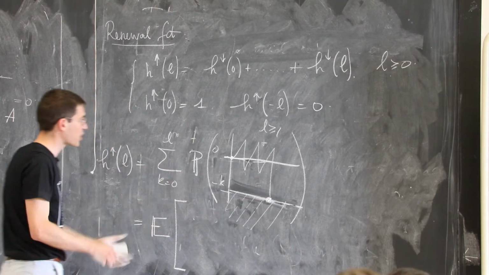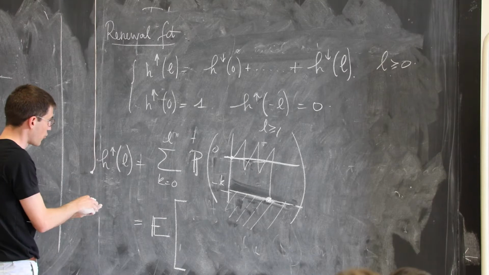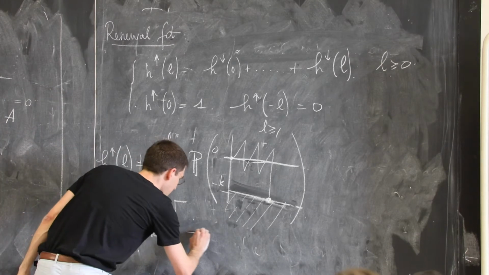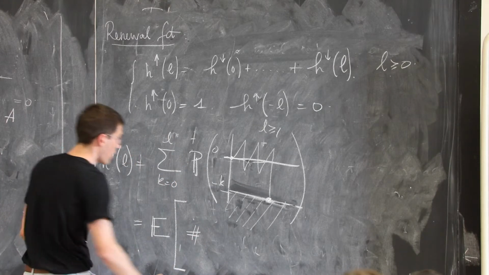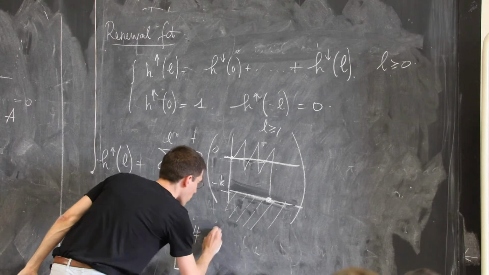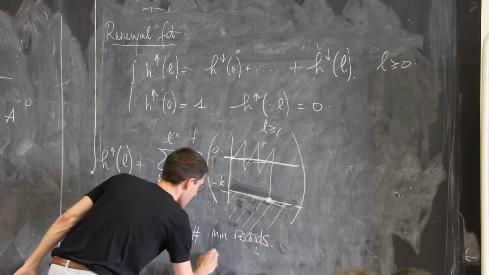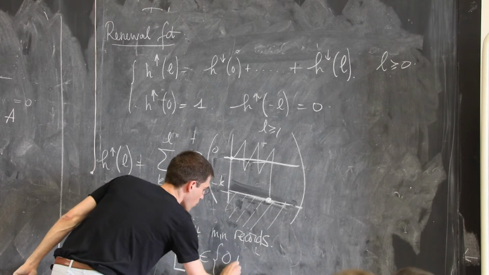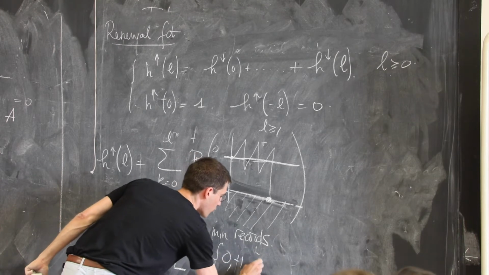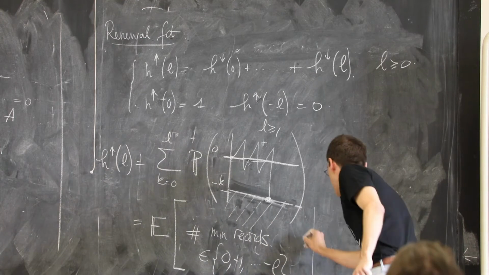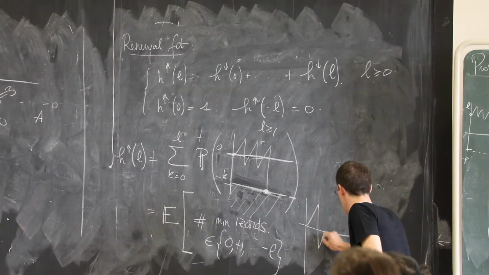So now if I sum over k from 0 to L, then this h of L is just the expectation of the number of minimal records in 0, minus 1, up to minus L. Let me do it with a picture.